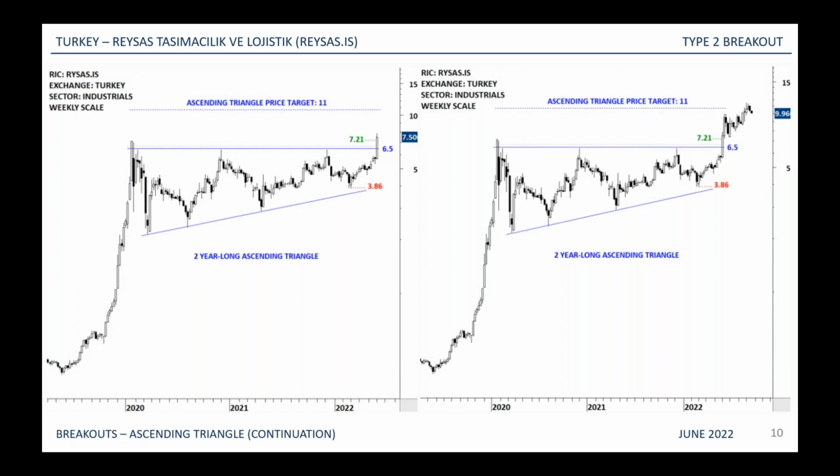Okay, and breakout confirmation is the gray dotted line. Slightly above that, if you have entered this trade, it could have easily given you 1 to 4, 1 to 5 upside potential. Breakout, a pullback, and then continuation to the price target. This 2-year-long ascending triangle was completed with success.